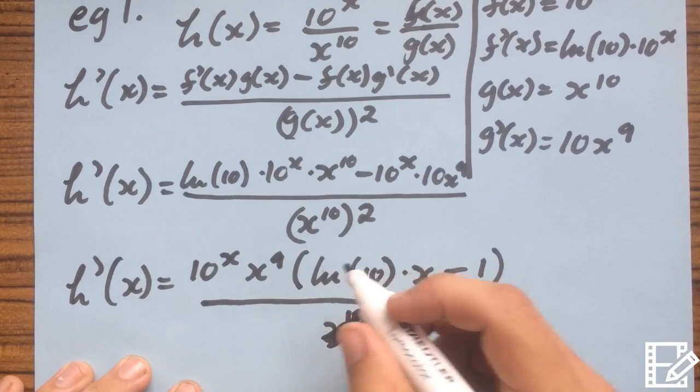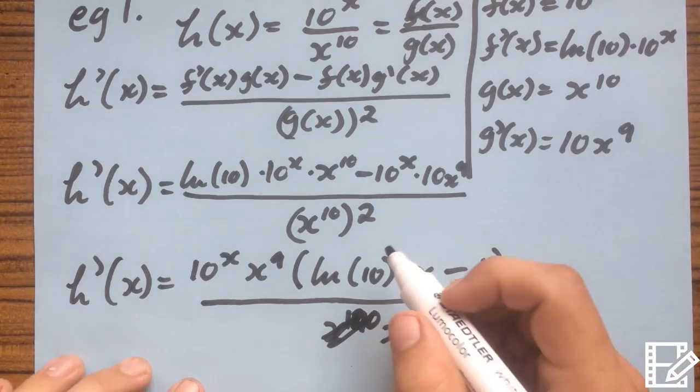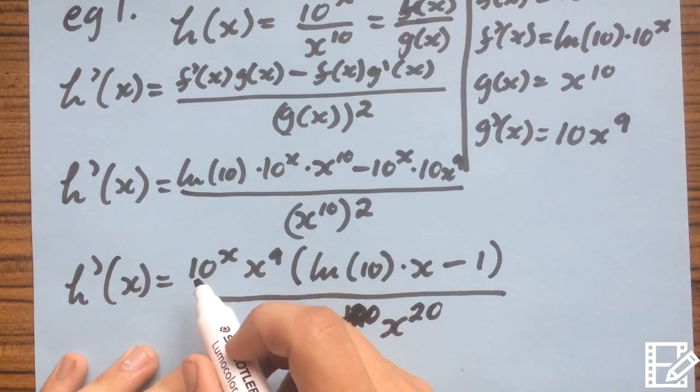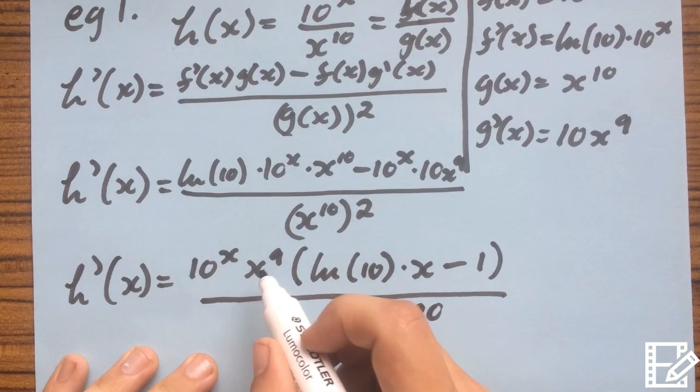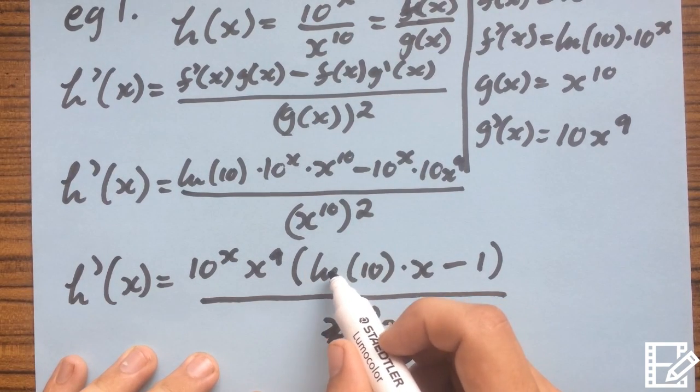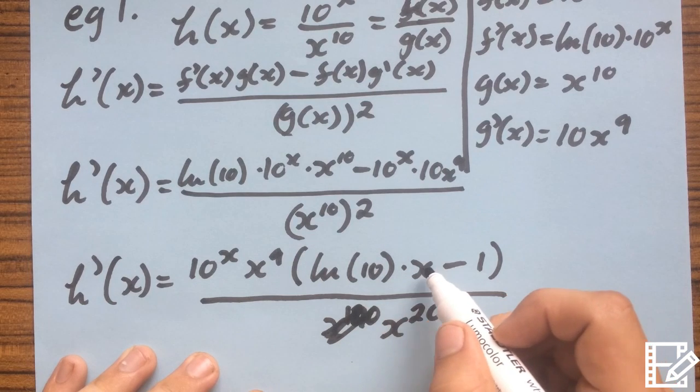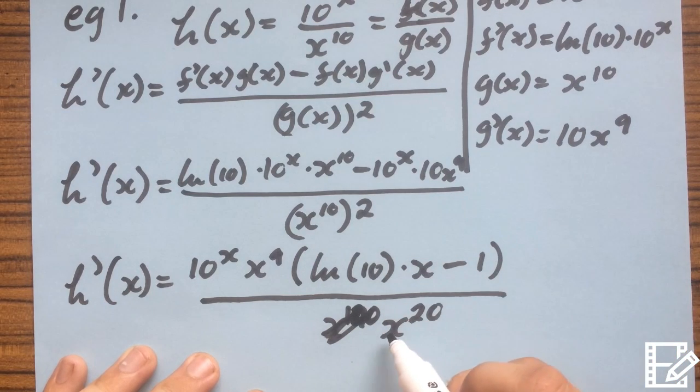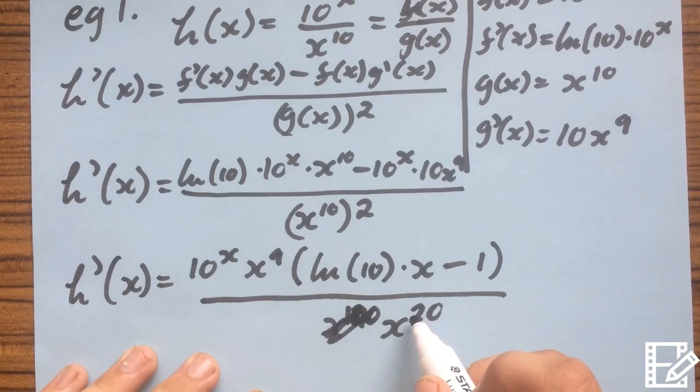Okay, so here we have 10 to the power of x multiplied by x to the power of 9. In the brackets we have ln 10 multiplied by x minus 10, all over x to the power of 20.